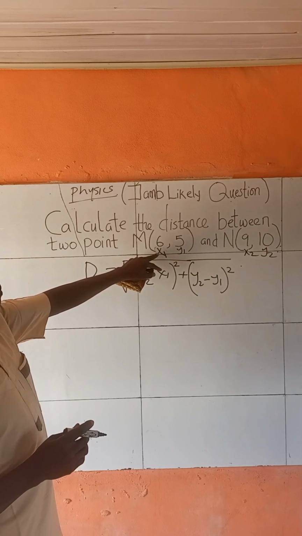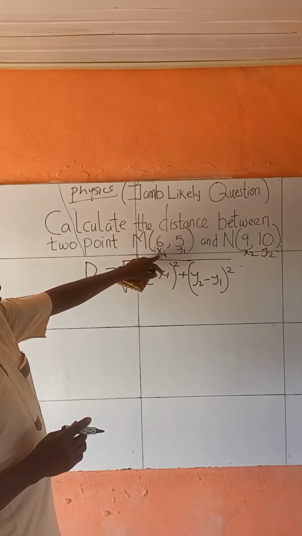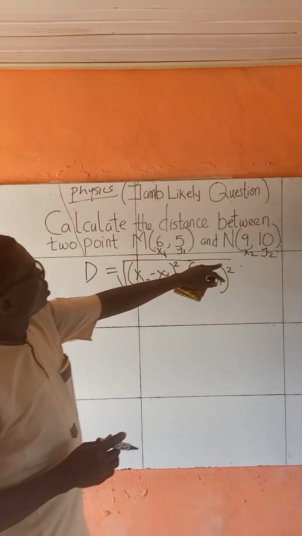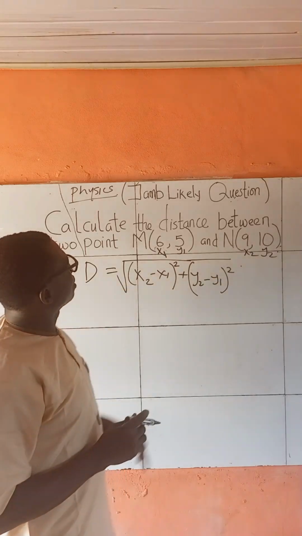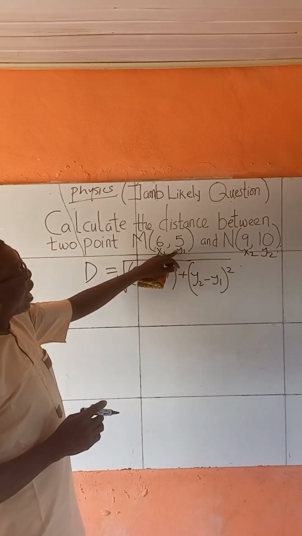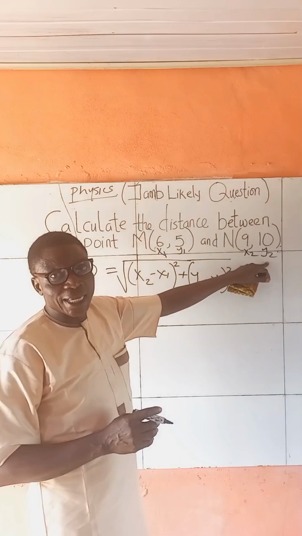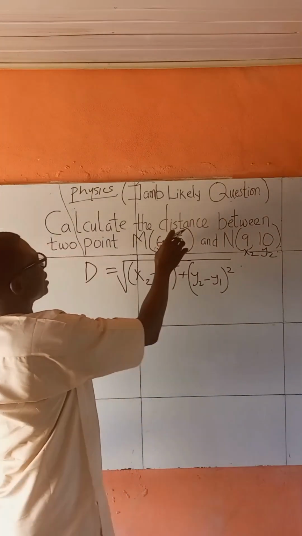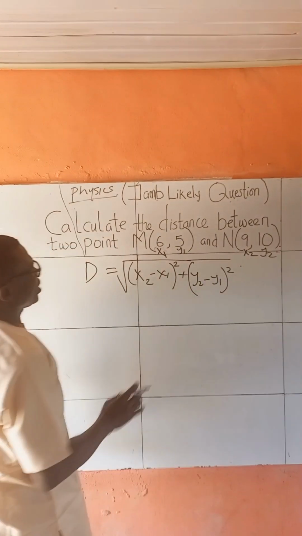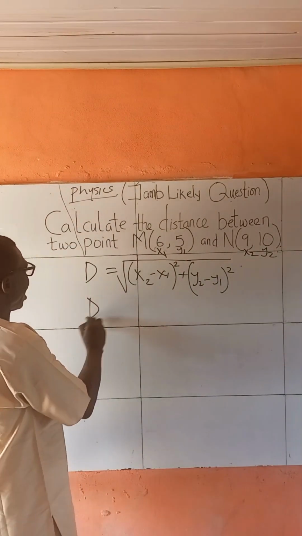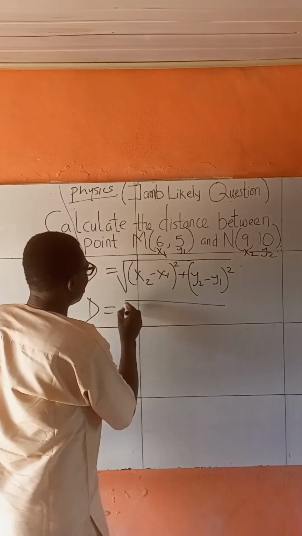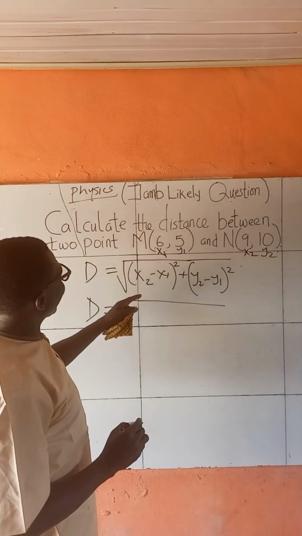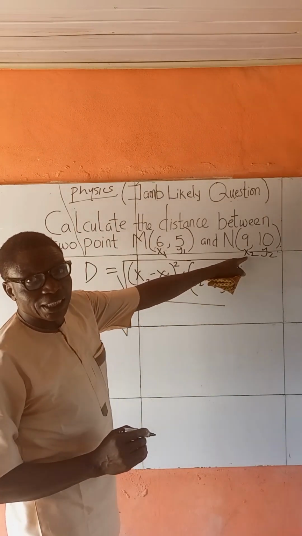Now, as I told you before, your x1 is 6, your x2 is 9, your y1 is 5, and your y2 is 10. What you need to do is bring these values into the formula. And how to do that? You have d is equal to the root of, what is my x2? My x2 is 9.